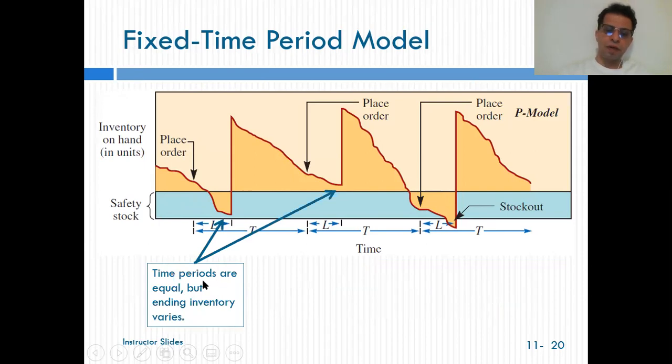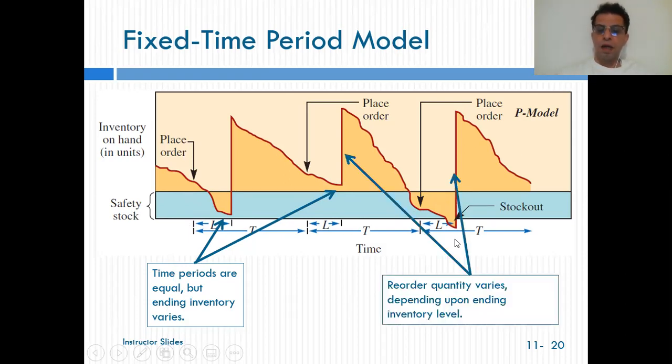So the time periods are equal, but the ending inventory varies. So every 3 months you check it, the time period is equal, and you have some safety stock. But if you notice here, they did not do a good calculation for safety stock. This is when you're out of stock, you're stocked out. And the reorder quantity varies depending upon the ending inventory.